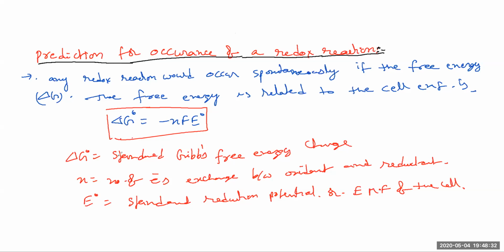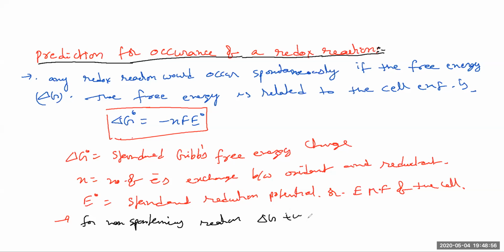Already you know, if it is spontaneous, delta G is negative.